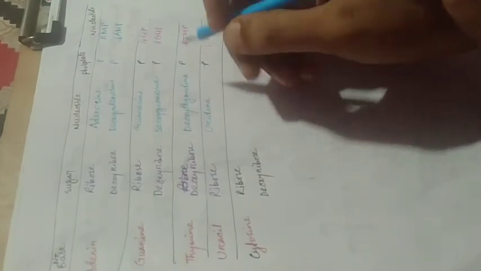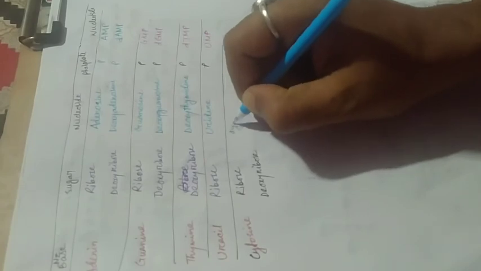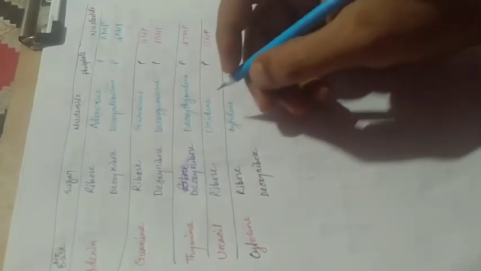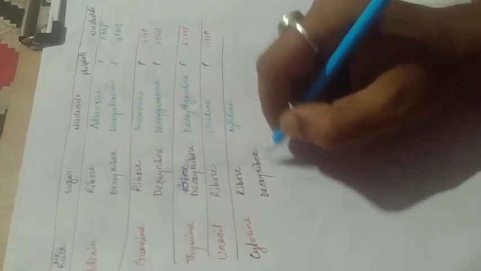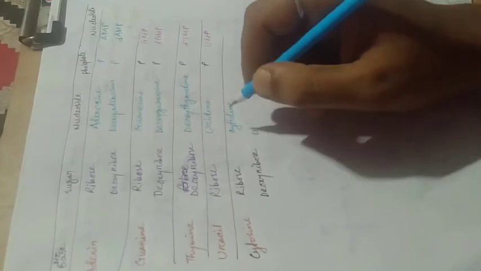If it attaches with the ribose sugar, then it is called cytidine. If it attaches with deoxyribose sugar, then it is called deoxycytidine.